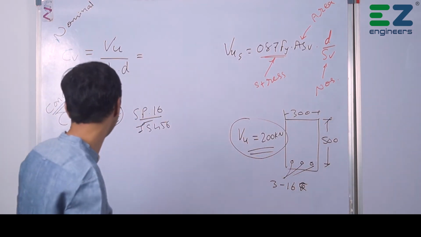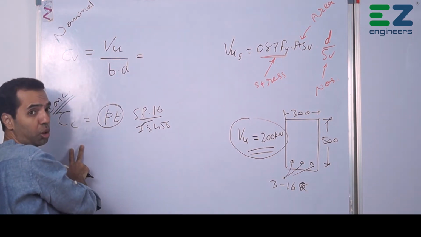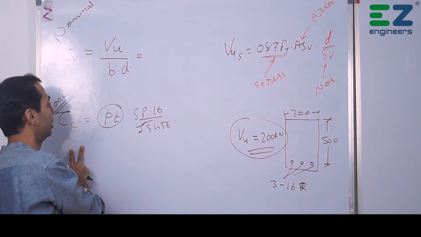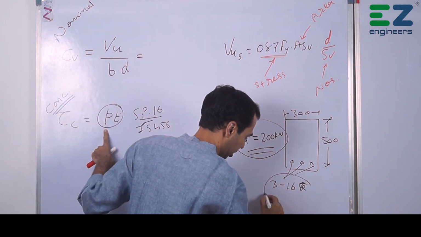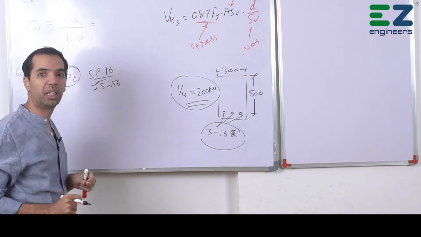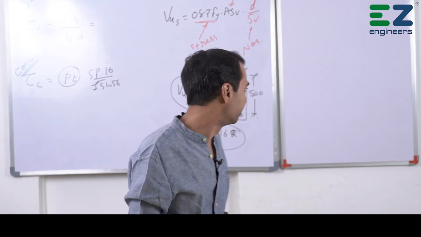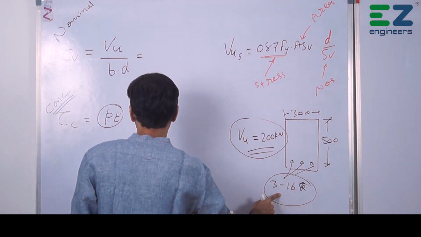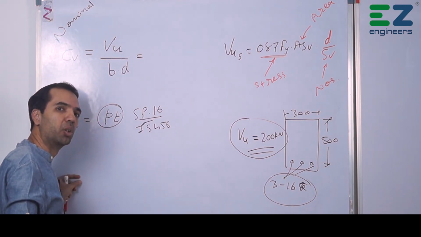Nominal shear strength, concrete shear stress, depends on PT. Which PT? This percentage reinforcement for the main reinforcement. So depending on this percentage we will get tau C from the code.